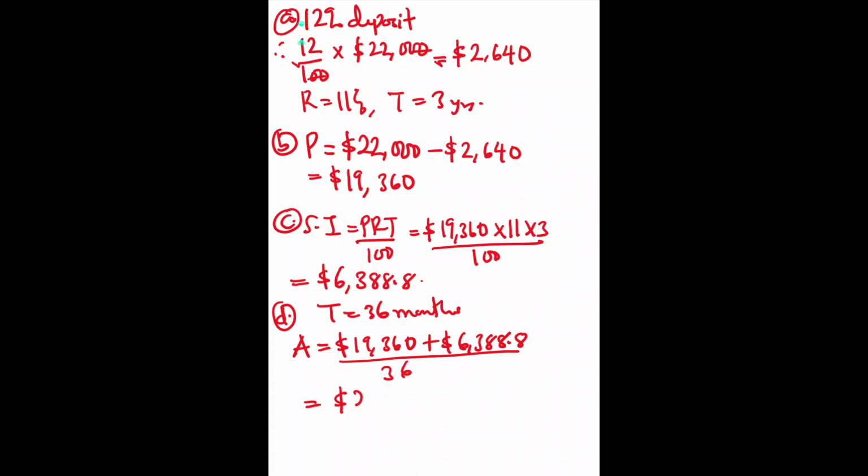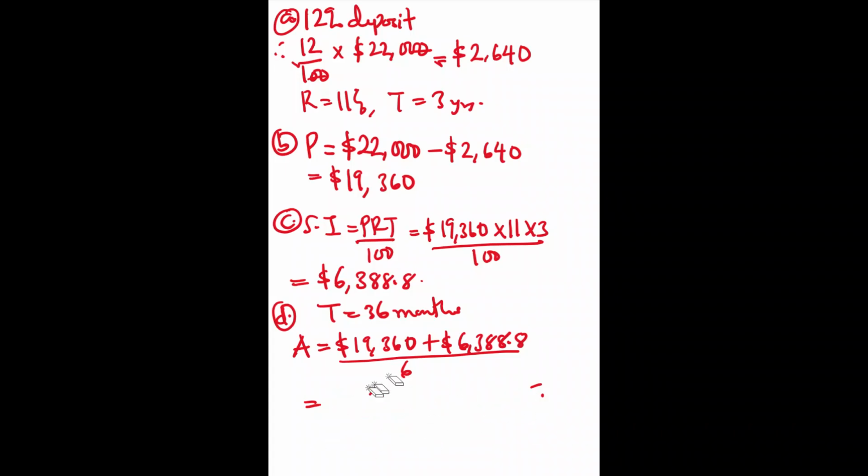Okay, so if we add up these two, we should be getting 25,748.8, and then divide by 36. So when we divide by 36, our final answer should be $715.24. That's what will be paid every month.